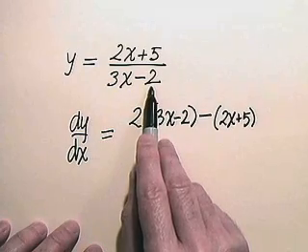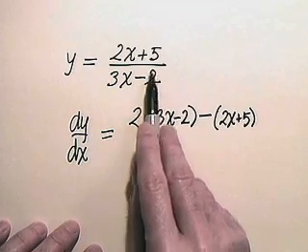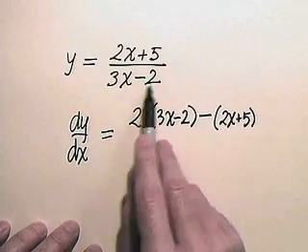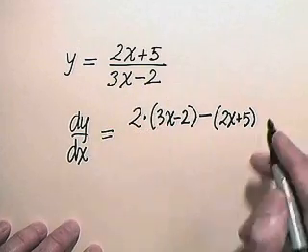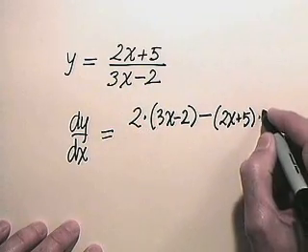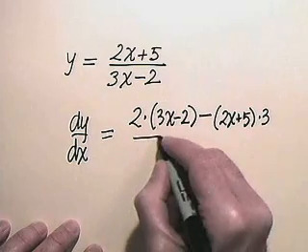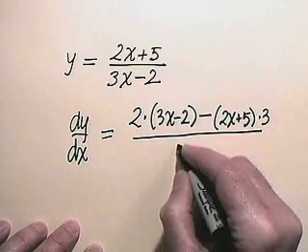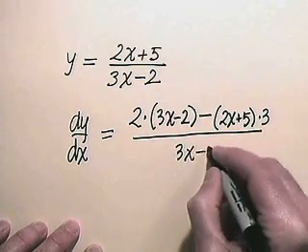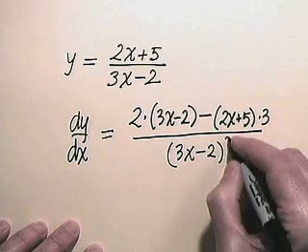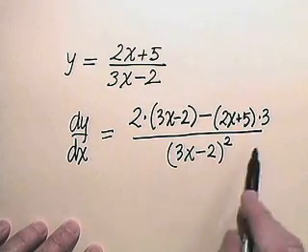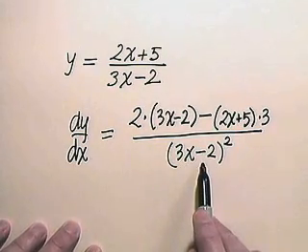Derivative of the second term is 0 since the derivative of a constant is 0. So the derivative of the entire denominator is just 3. Now we divide by the square of the denominator. It's important to remember this last step of dividing by the square of the denominator.